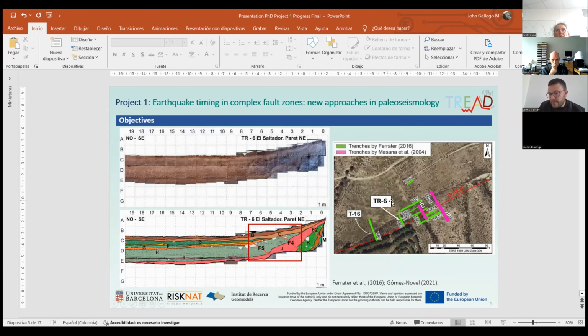On the right we see all the trenches that have been opened, the perfect place for a 3D fault understanding. In trench number 6, at the bottom we see the paleoseismological interpretation, and if we look at faults number 5 and number 4, we see that the deformation is concentrated in the bottom layers.